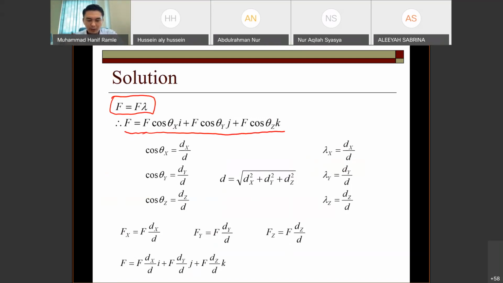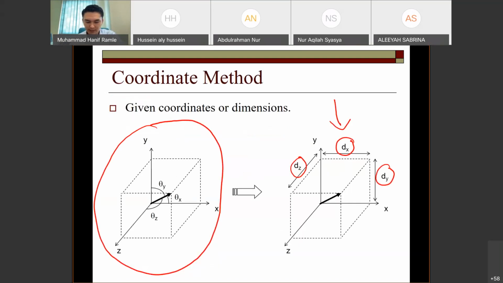If you can see the figure here, from the first figure we can get the theta using the dimensions dx and dy, or using the dimensions dx, dy, dz, and d.